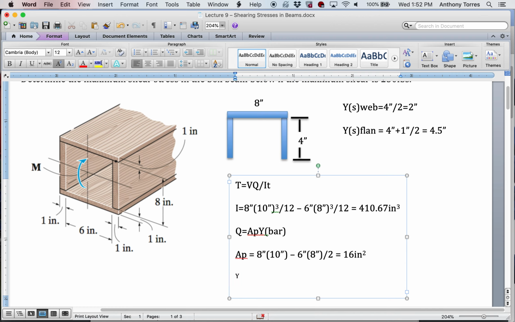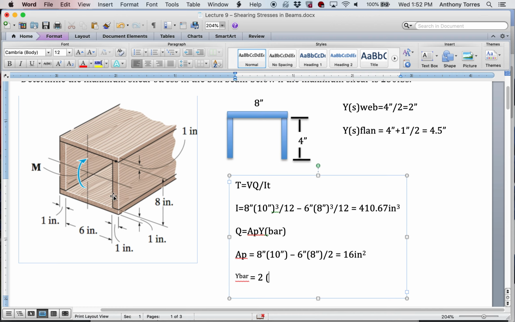So for overall y bar, that's equal, in the numerator, there's 2 of these little webs or legs, if you want to call them. There's 2 of those, so I'm going to do 2 times the area. The area I didn't previously calculate, but we can see that it's 4 times the thickness of 1 inch.